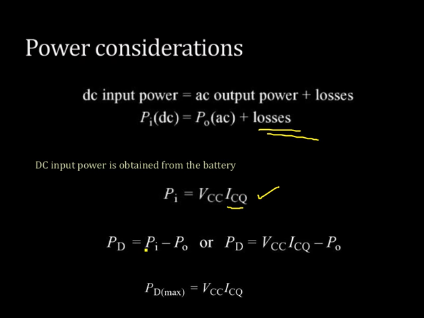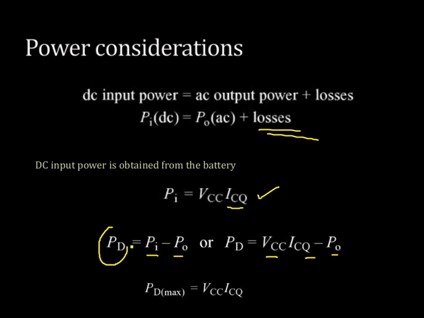Okay. Now what is PD? PD is the power that is lost. It will be PI minus P naught, or VCC ICQ minus P naught. P naught is the AC output power.